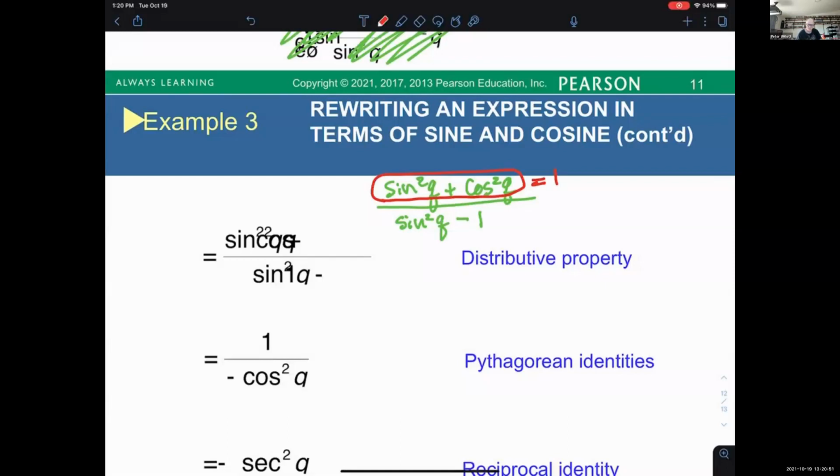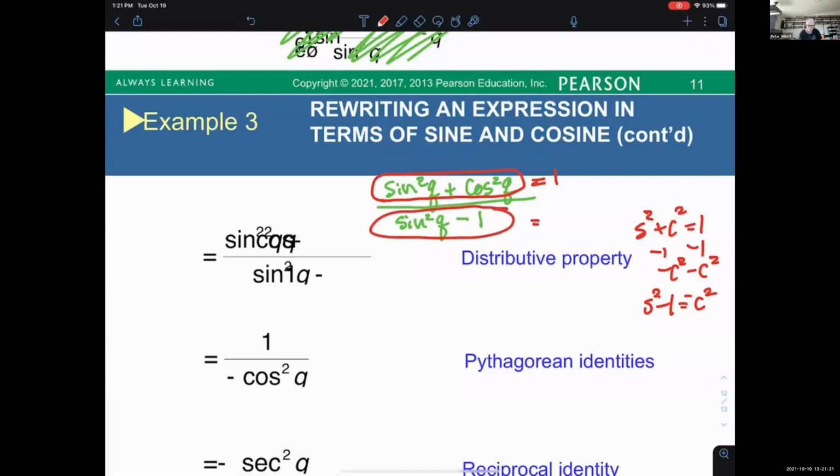And similarly, if sine squared plus cosine squared equals 1, then if I subtract 1 from both sides and subtract cosine squared from both sides, I'm left with sine squared minus 1 is equal to minus cosine squared. And I'm pointing that out because they're also replacing the bottom with minus cosine squared. And that leads them to this fraction here.